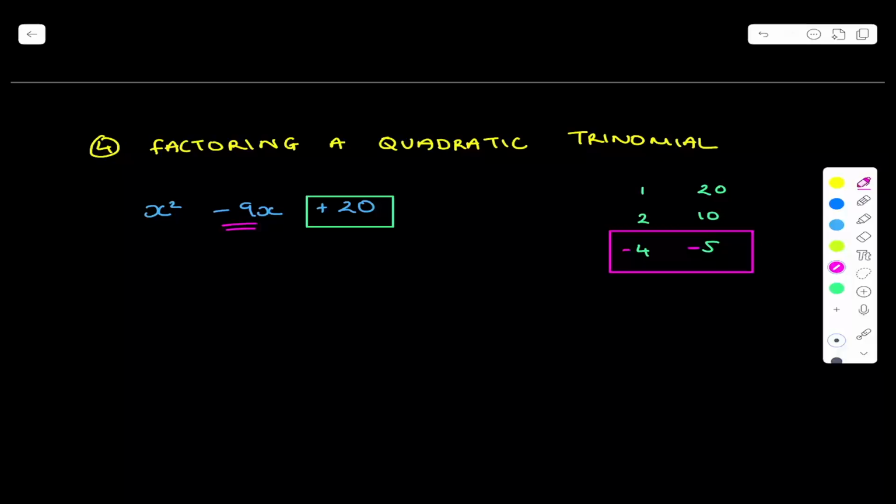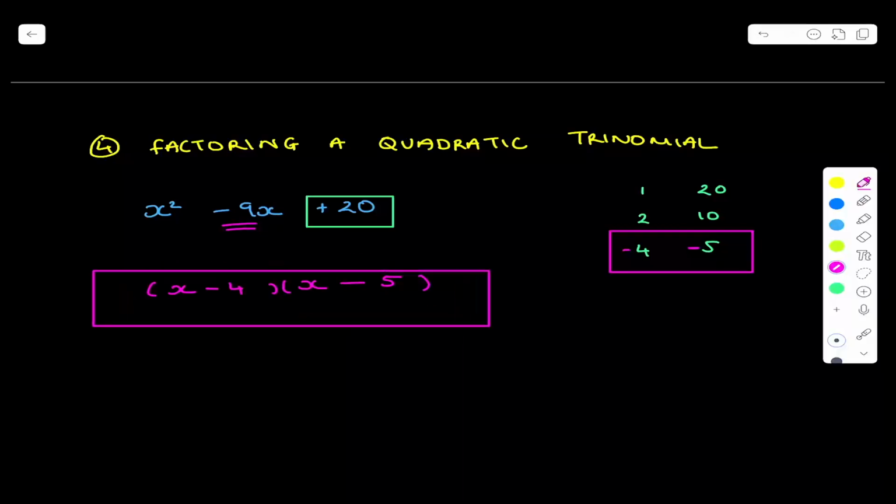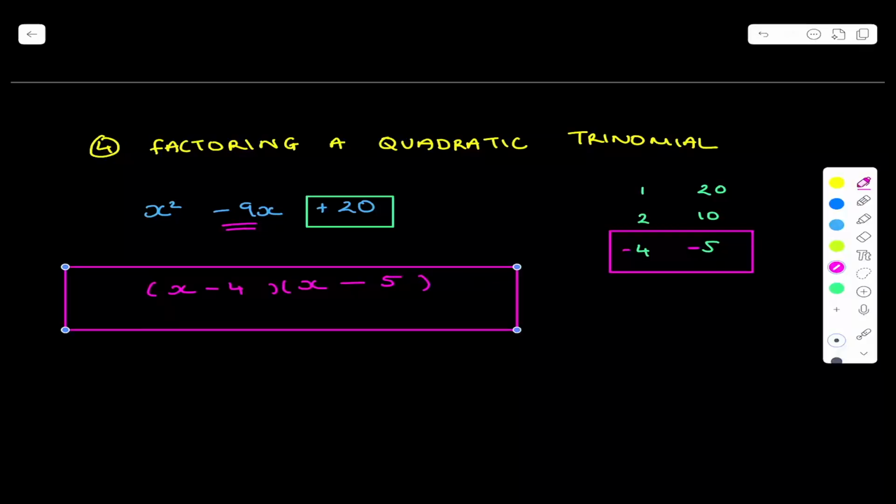So we know we have our two factors. Then your final step is you write out your two brackets, x and x, and you write out your two factors. And that's how we would factorize our quadratic trinomial. It should just be x minus 4, x minus 5.